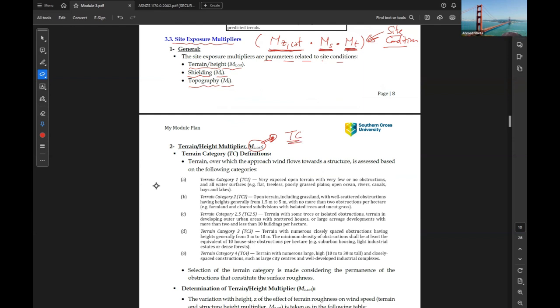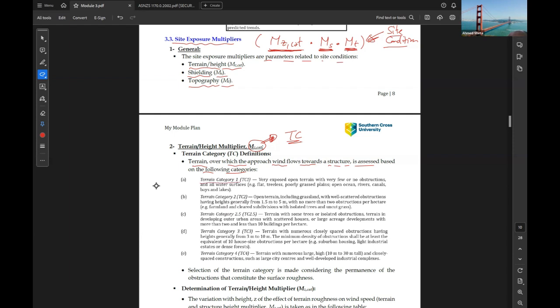So how many terrain category levels do we have? We have TC1, TC2, and so on up to TC4. So we need to define the terrain category multiplier. It depends on the terrain over which the approach wind flows towards a structure, based on the following categories. You can define the area surrounding the building into these categories.